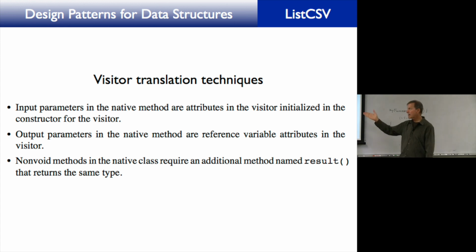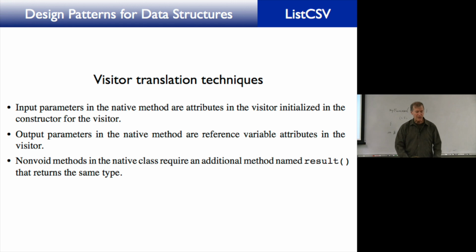That's because accept has to be compiled once and for all in the host program, so we can't anticipate all the different kinds of return results. So we need this extra little thing for non-void functions.